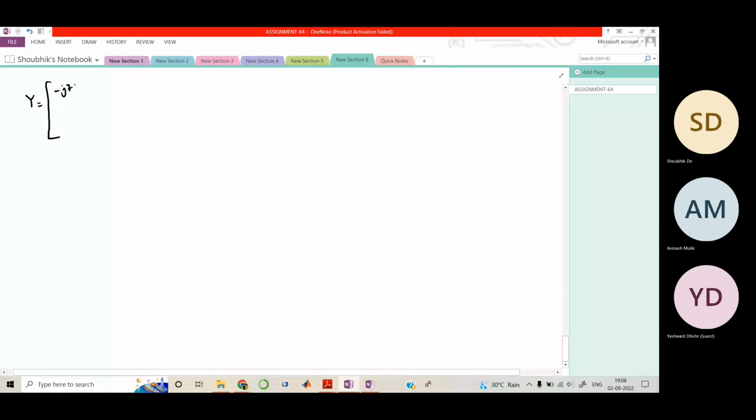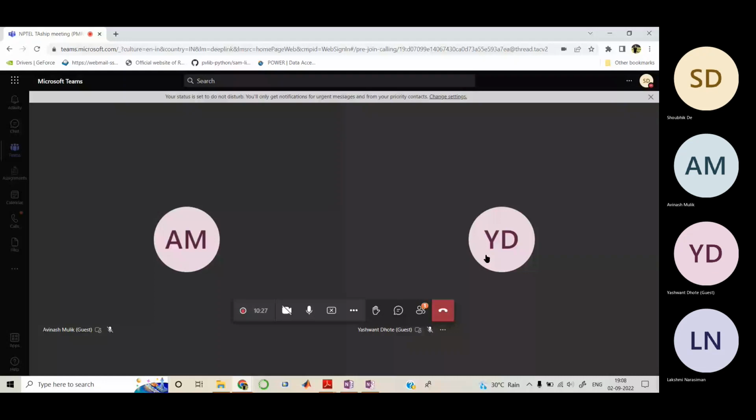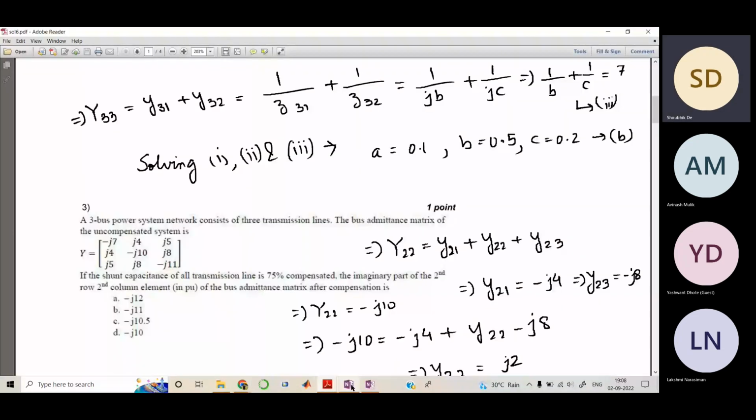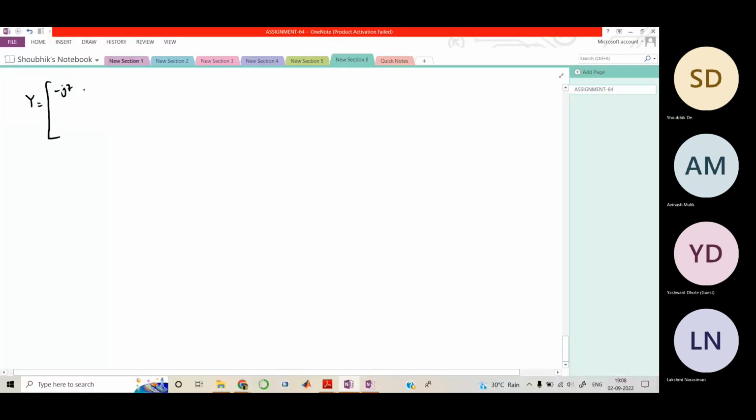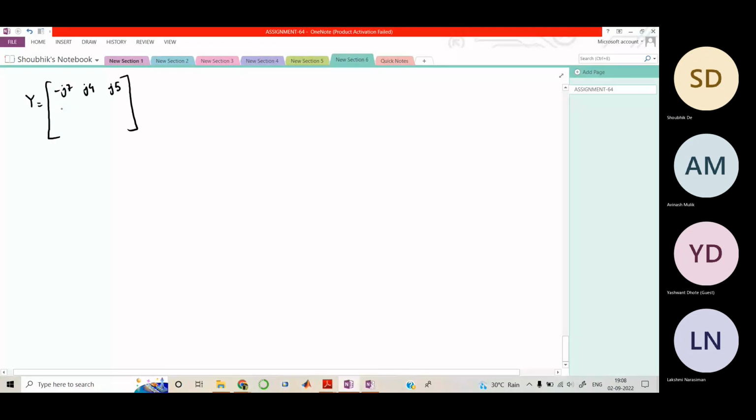Then the second row is J4, minus J8, and J10. And the third row is J5, J8, and J11.